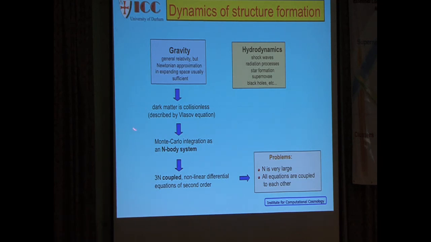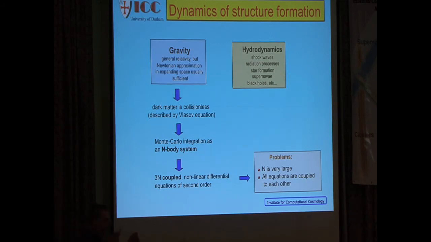So the dark matter is described by the Vlasov equation, and what we do is represent this continuous fluid by a discrete set of particles, each of which must be regarded as a Monte Carlo realization of this collisionless fluid.